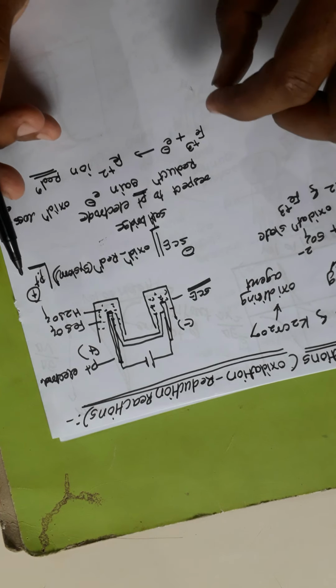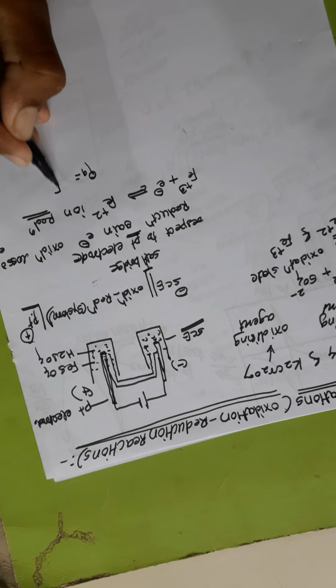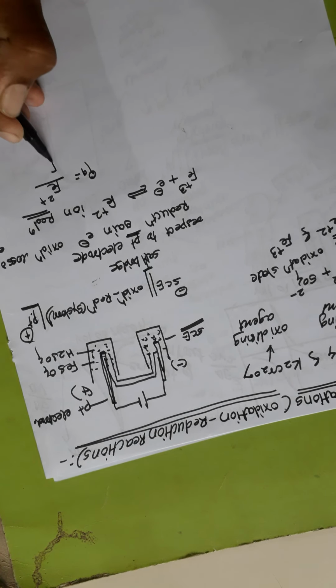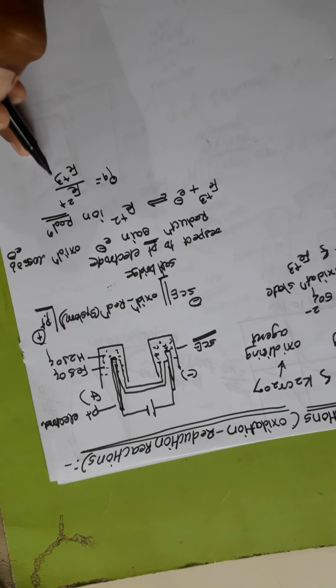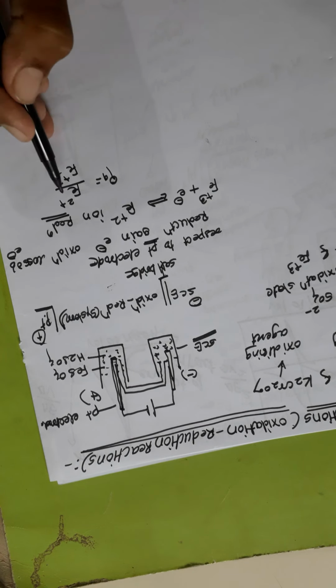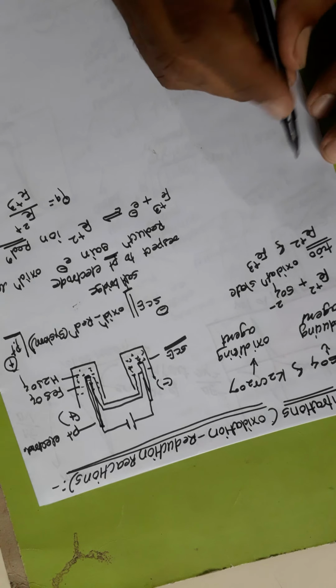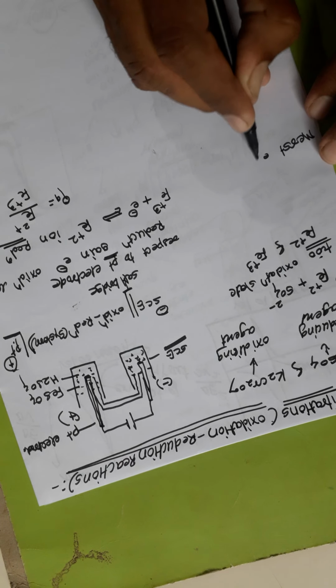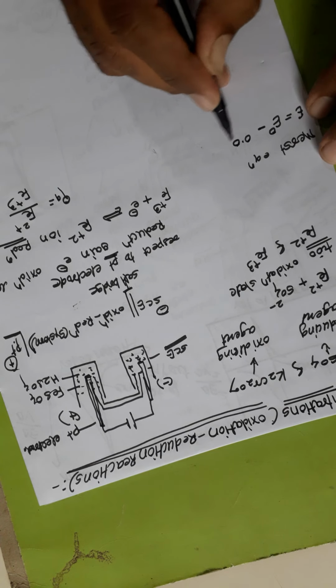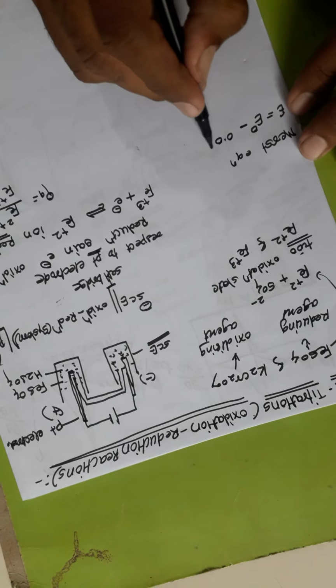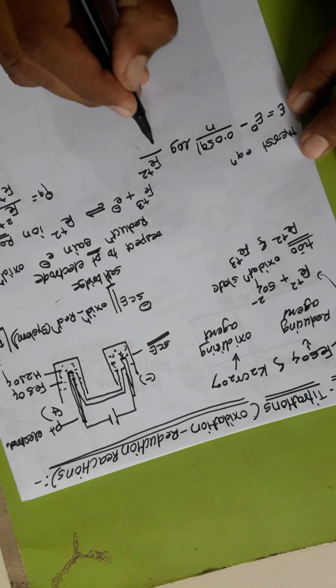Then how do we write the reaction quotient of this reaction? Qa, the reaction quotient, is equal to Fe2+ upon Fe3+, written as product upon reactant. In this cell, how do we write the Nernst equation? E is equal to E0 minus 0.0591 upon n log of the reaction quotient, Fe2+ upon Fe3+.